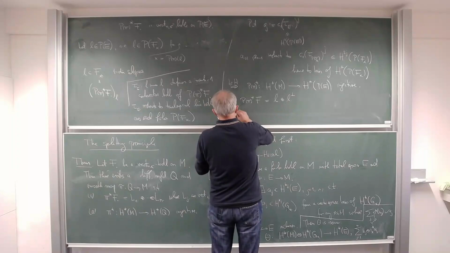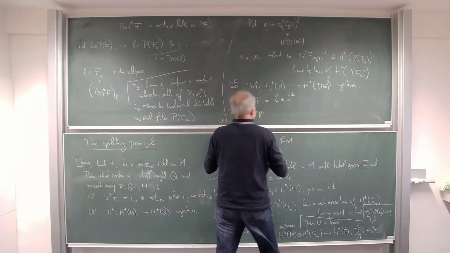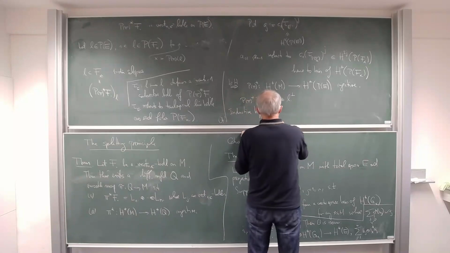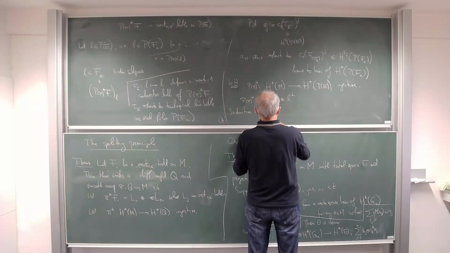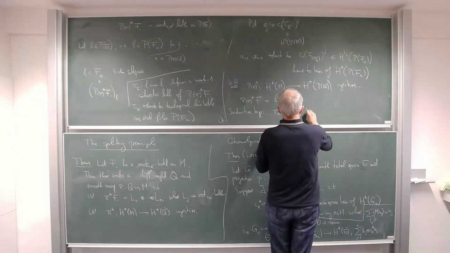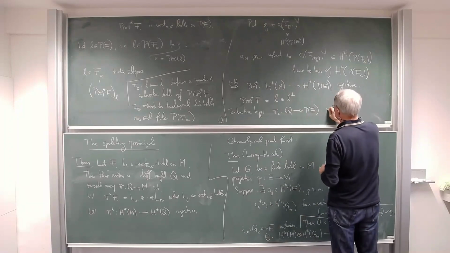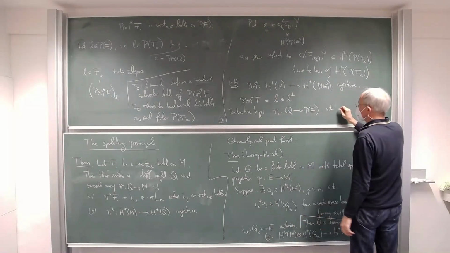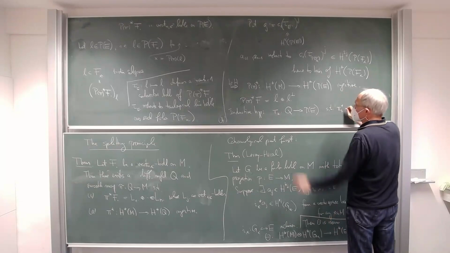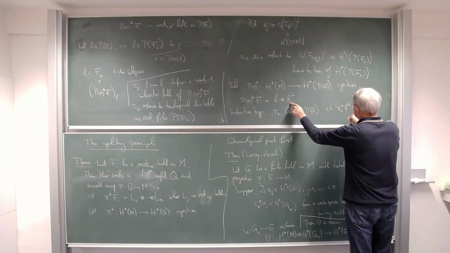The inductive hypothesis tells me that there's another map, which I call I2, from some manifold Q to P of E, such that the pullback of this bundle, which has rank 1 less, can be split.